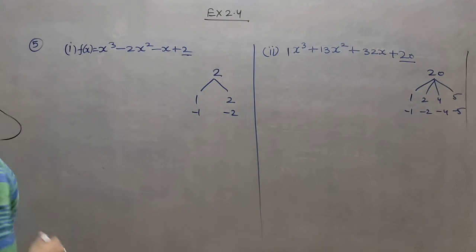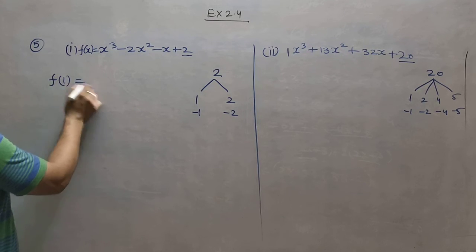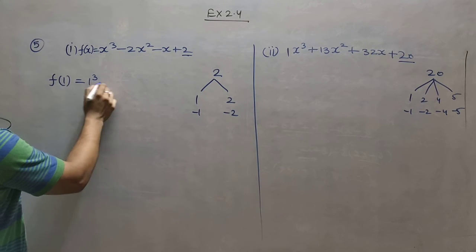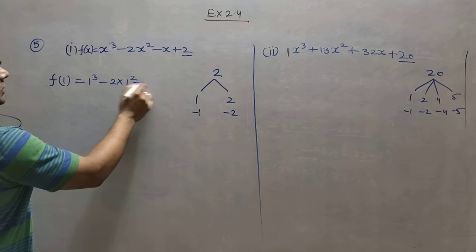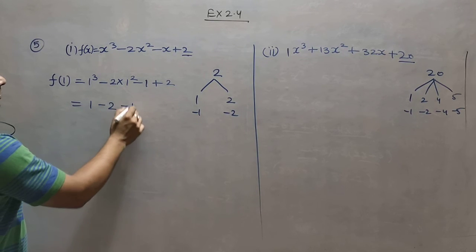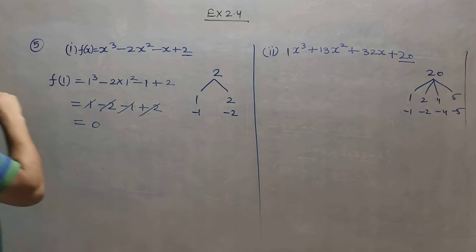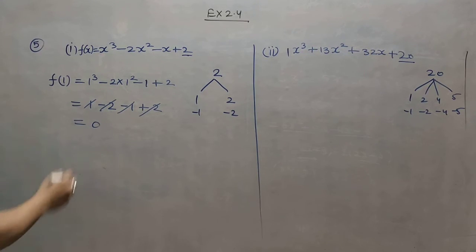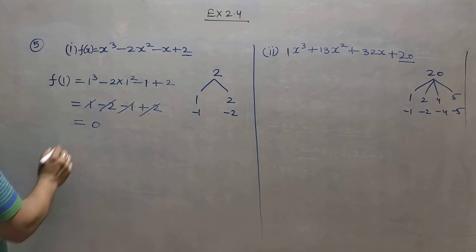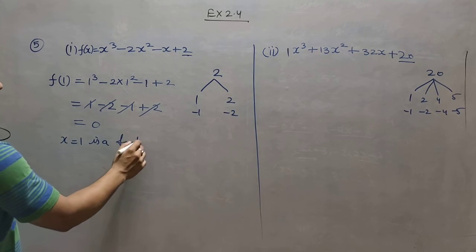So we start with plus 1. If I put here 1, then it will be 1 cube minus 2 times 1 square minus 1 plus 2, that is 1 minus 2 minus 1 plus 2. So you can see here we are getting 0. So it means what? Sorry, not x is equal to 1 is a factor.